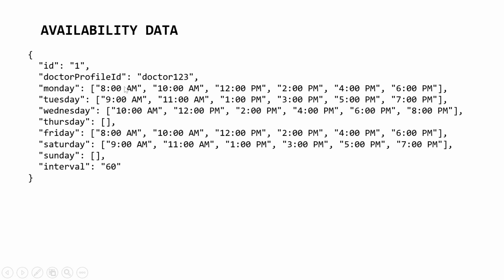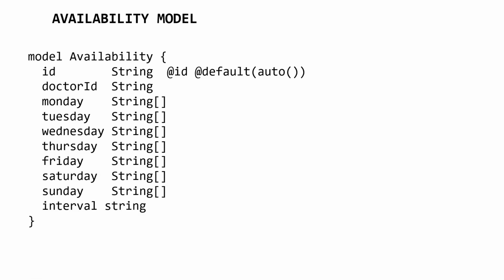And then for each day, we have simply an array of time, just like this. We have different times from 7 to 8, whatever time the doctors have selected. So you see that for each day he has this time. So that means the availability model needs to look like this.